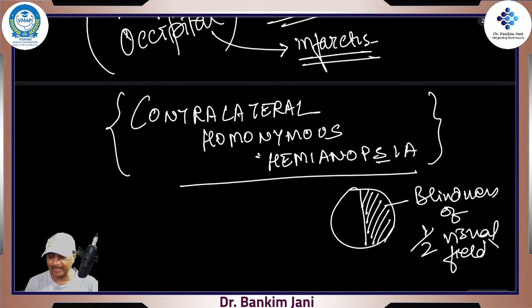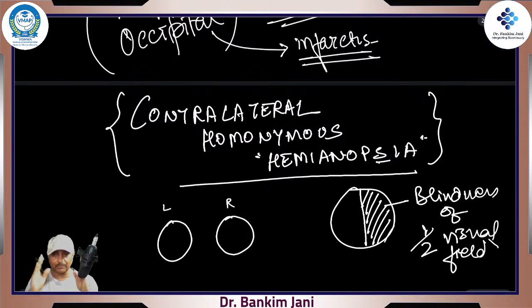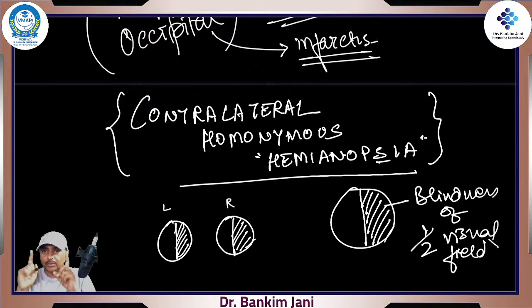Hemi means half, anopsia means loss of vision. Homonymous: this is one eyeball, this is another, right and left, and we are watching, and both sides go down the same side. This is homonymous hemianopsia.